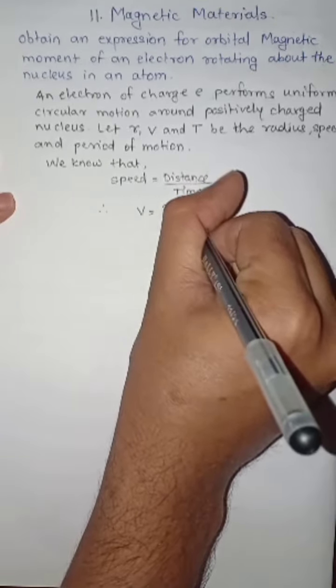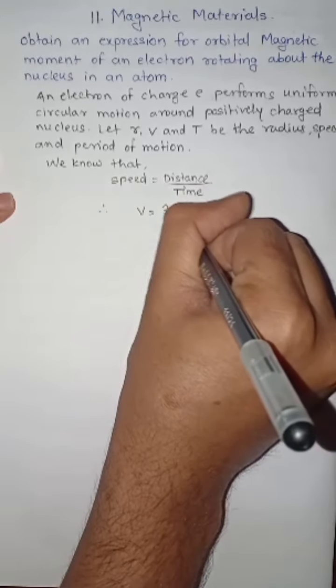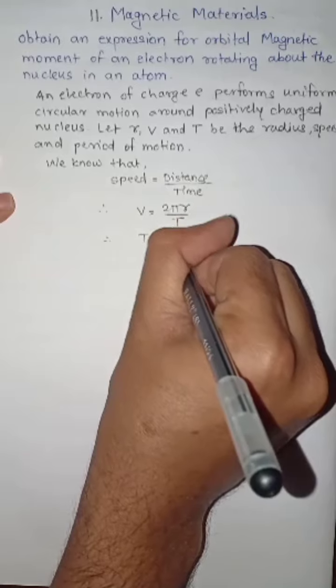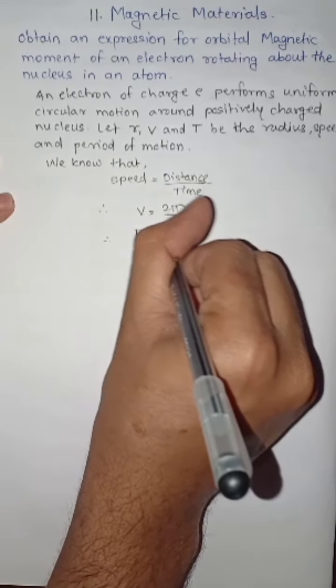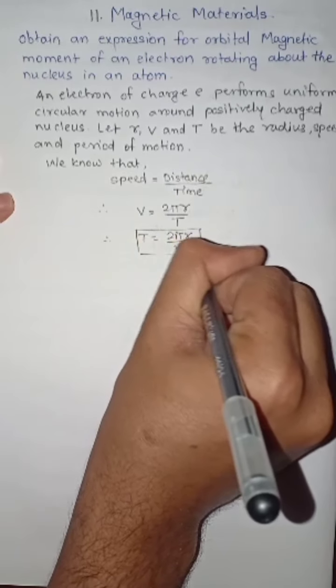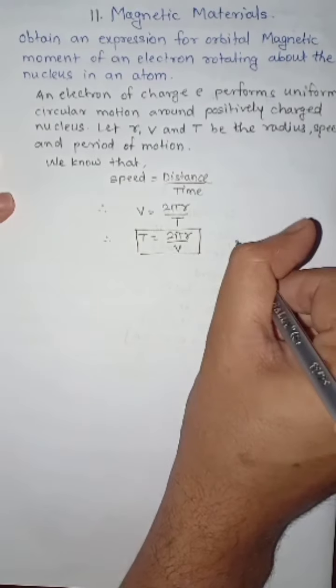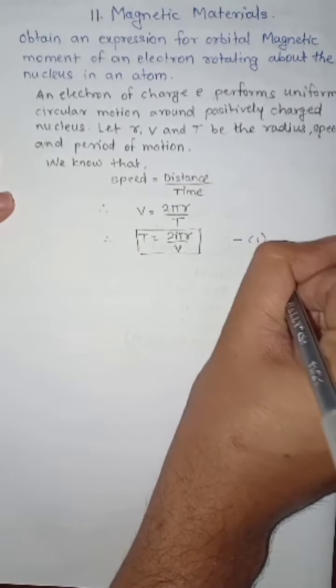Thus we write 2 pi r divided by T. Therefore we get T is equal to 2 pi r upon v. So we get the time period, and this is our equation number 1.